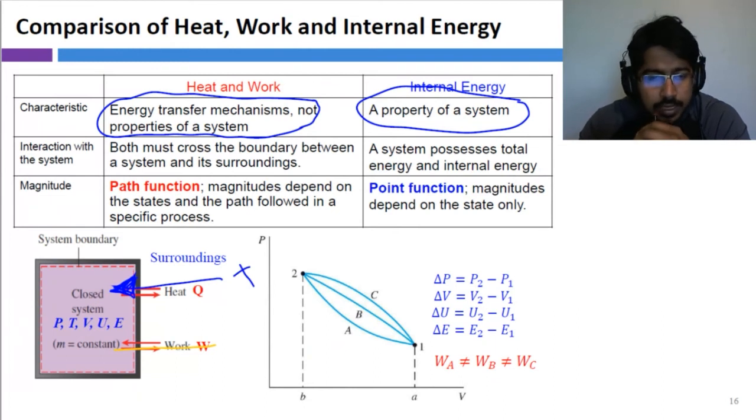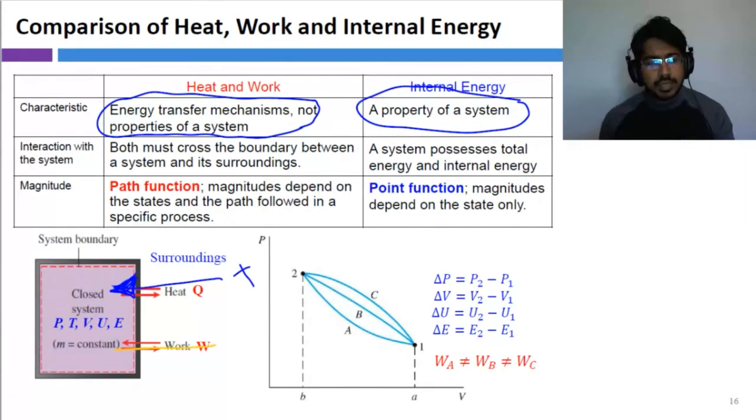Okay. Similar to work, heat is also a path function. So if we follow a different path, the heat transfer may differ. From A to B, the heat transfer may differ, right? So now we know these characteristics. Heat and work are path functions, and they are not properties of a system, but they have to cross the boundary to get their definition, right?